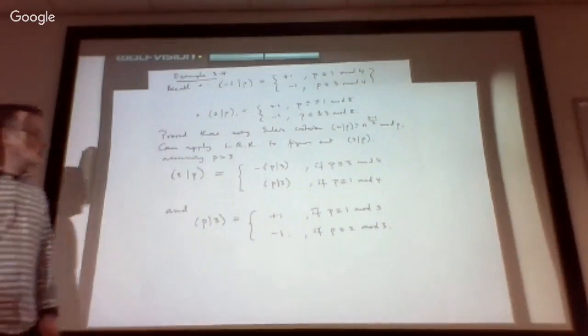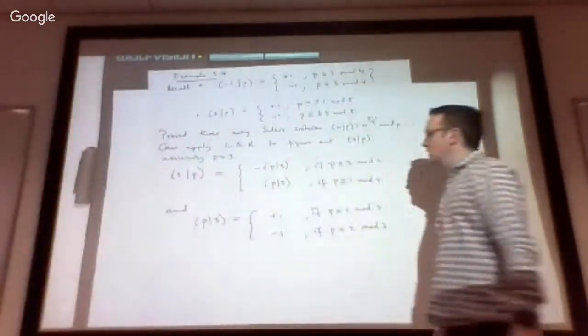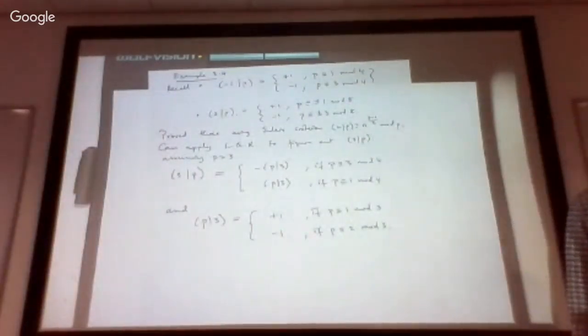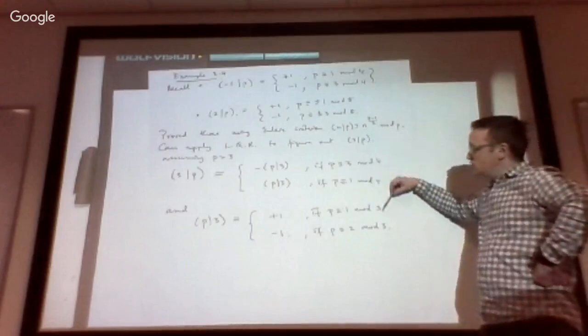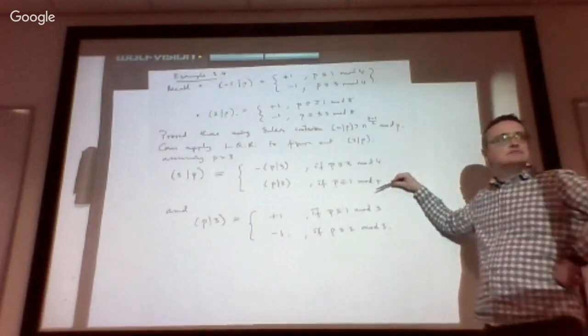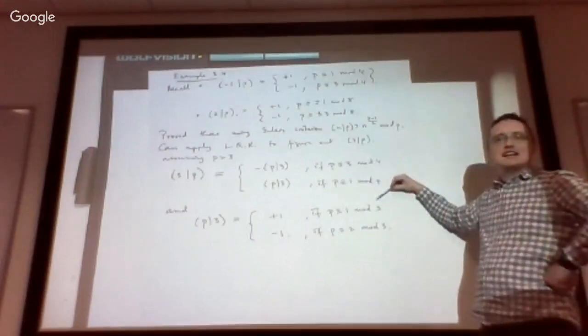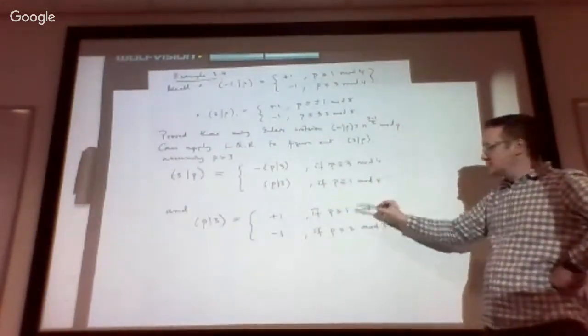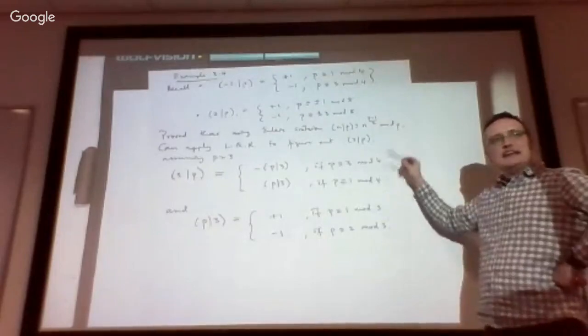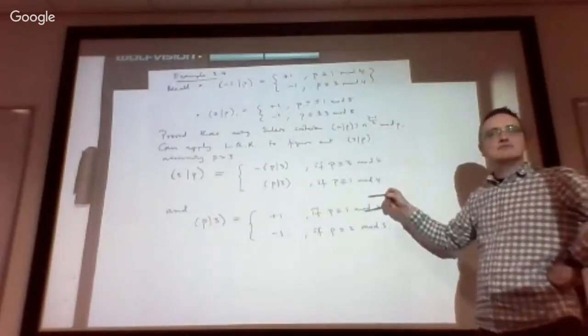So what have we got? We've got all the data there, but we try to consolidate and summarize it now. We've got two binary classifications of p: p is this or that mod 4, and p is this or that mod 3. So really there are 4 cases.